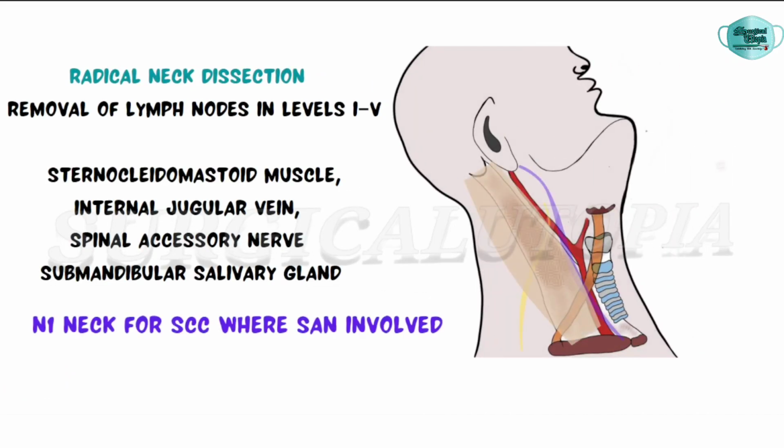The radical neck dissection is the one in which the lymph nodes in levels 1, 2, 3, 4 and 5 are removed, along with structures such as the sternocleidomastoid muscle, internal jugular vein, and spinal accessory nerve, along with the submandibular salivary gland. So, the indication of radical neck dissection is in cases where there is neck involvement for squamous cell carcinoma, where the spinal accessory nerve is involved.